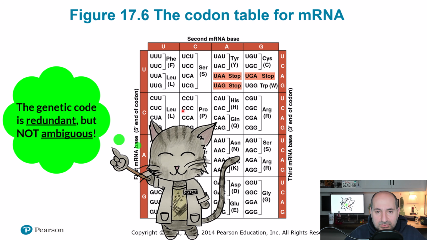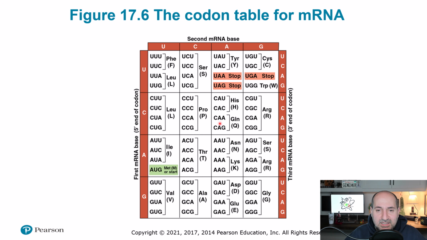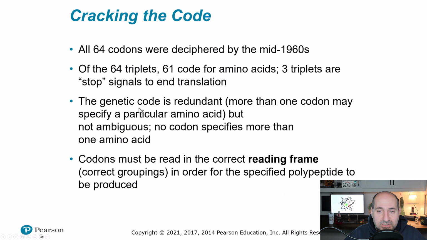So for example, CCC codes for proline, but it does not code for anything other than proline. So make no mistake, although there's more than one codon that codes for proline, these codons do not code for anything other than proline. That's why you need to remember that although the genetic code is redundant, the genetic code is not ambiguous, and that's what that means.